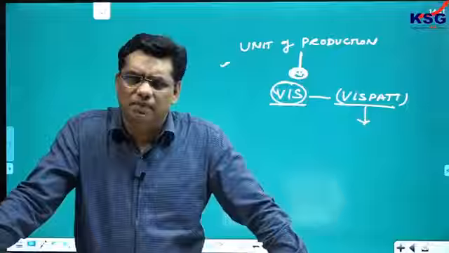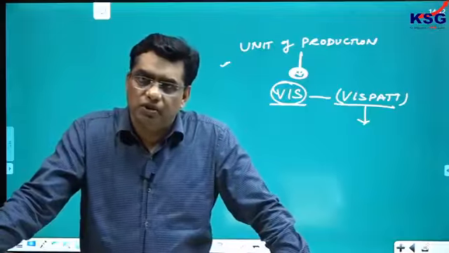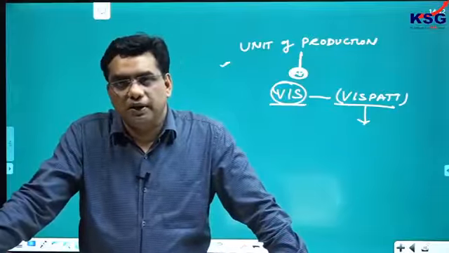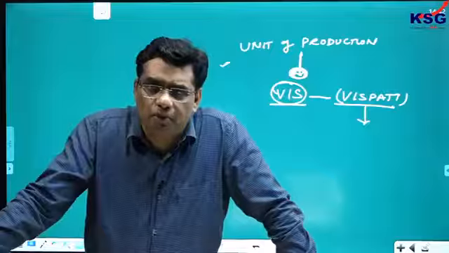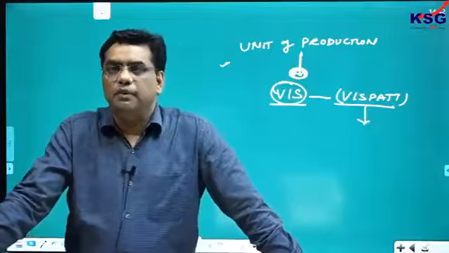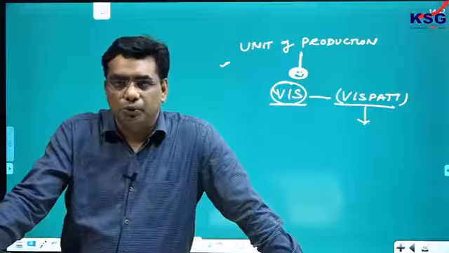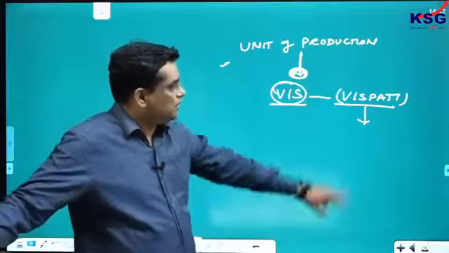All these activities comprised the Vis. Vis means unit of production, whether they do agriculture, pastoralism, hunting, or fishing, whatever they produce for their tribe, for themselves. So they had a unit called Vis, and Vis is headed by Vispati, the head of the Vis.